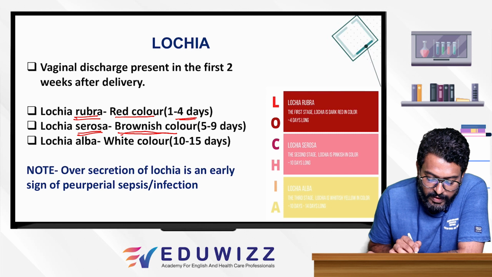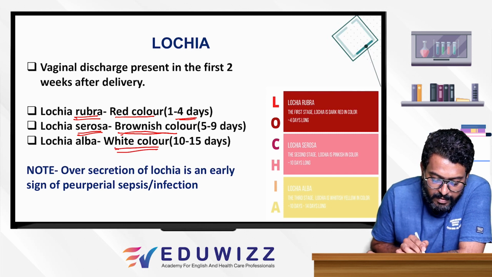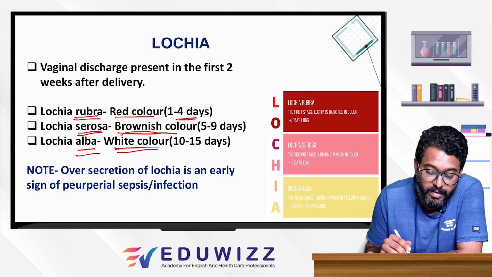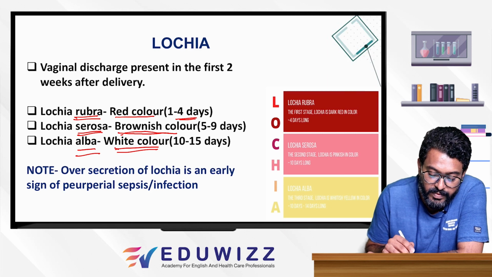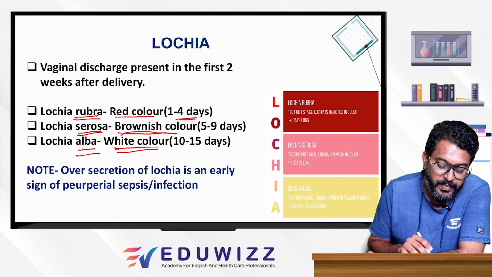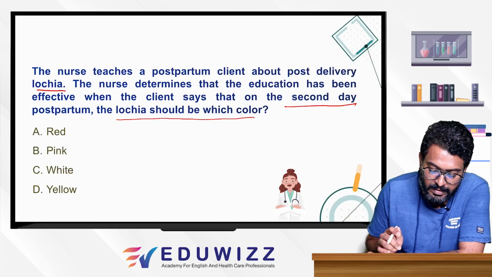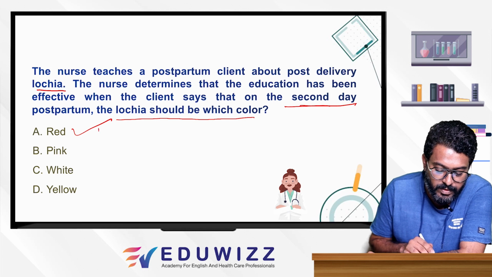And for 10 to 15 days, it will turn white or whitish yellow, which is known as lochia alba. The question is about the second day of postpartum. For the first 4 days, as I said, it will be red, known as lochia rubra. So on the second day, the color will be red, which is known as rubra.